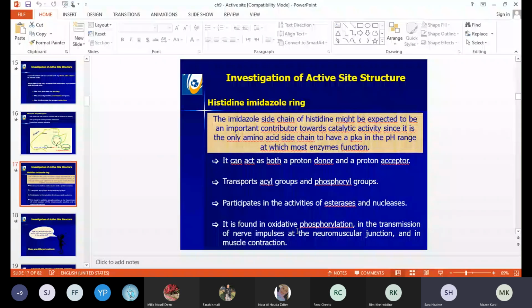The imidazole ring transports acyl groups and phosphoryl groups. It participates in the activity of a lot of esterases, nucleases, and some proteases also. And it's found in oxidative phosphorylation, in the transmission of the nerve impulse at the neuromuscular junction, and in the role of muscle contraction.